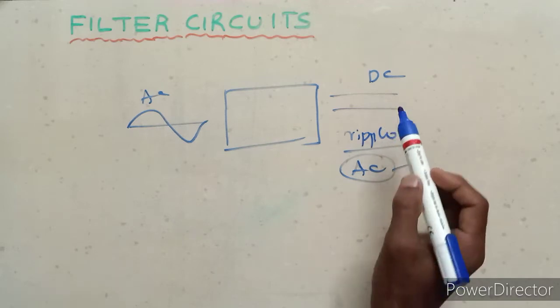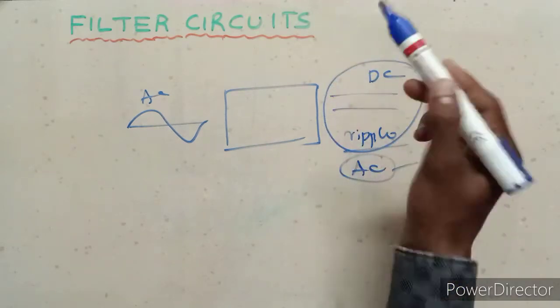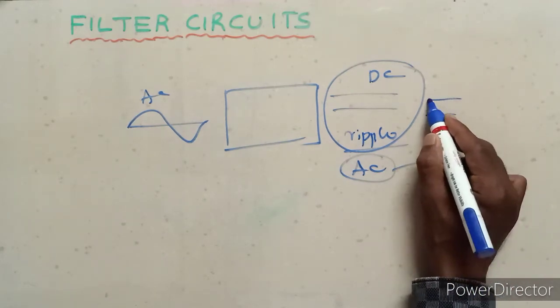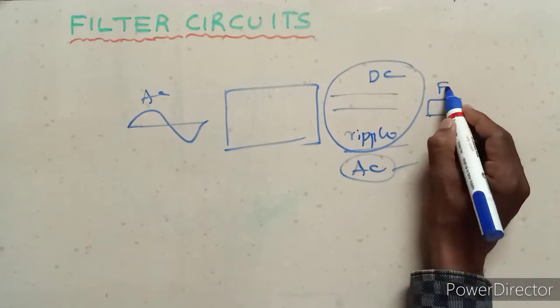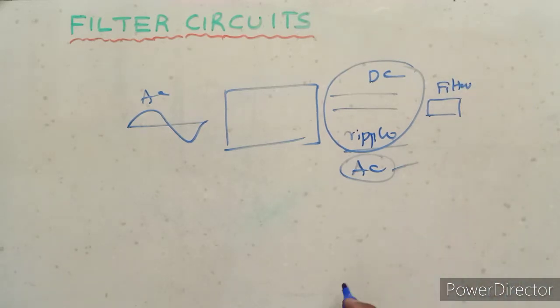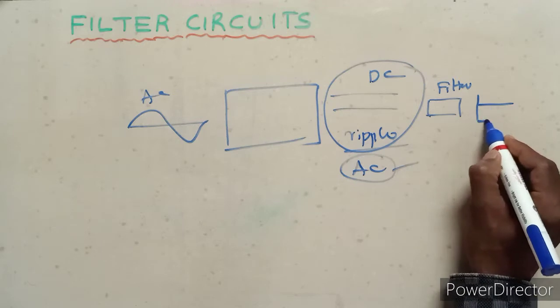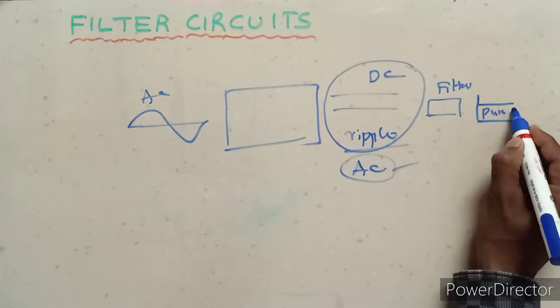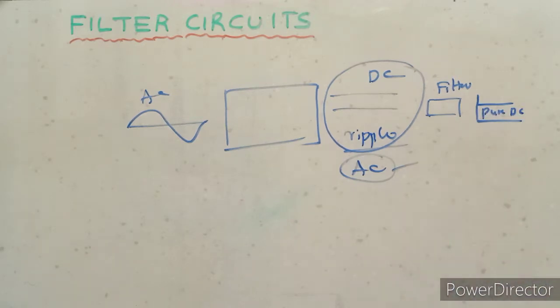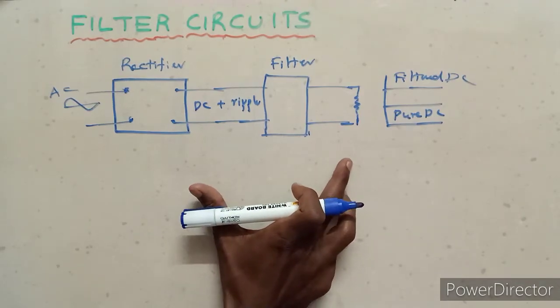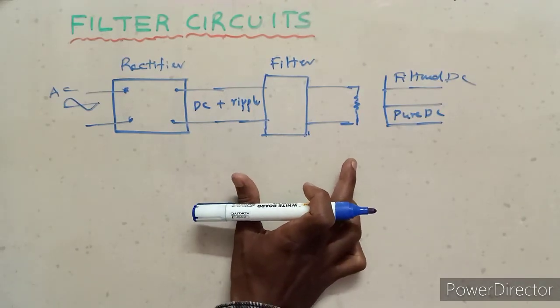So that output DC voltage is purified with the filter. Then the pure DC is the output. Okay, this is the filter circuit. This is the process of purification of DC, filter DC.